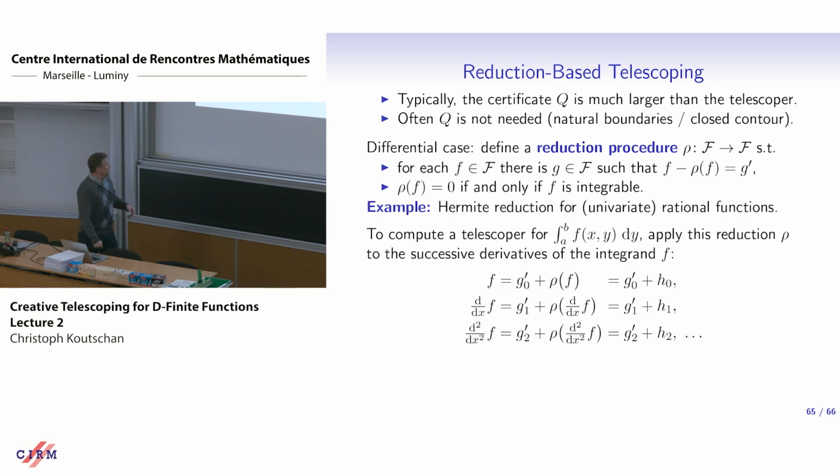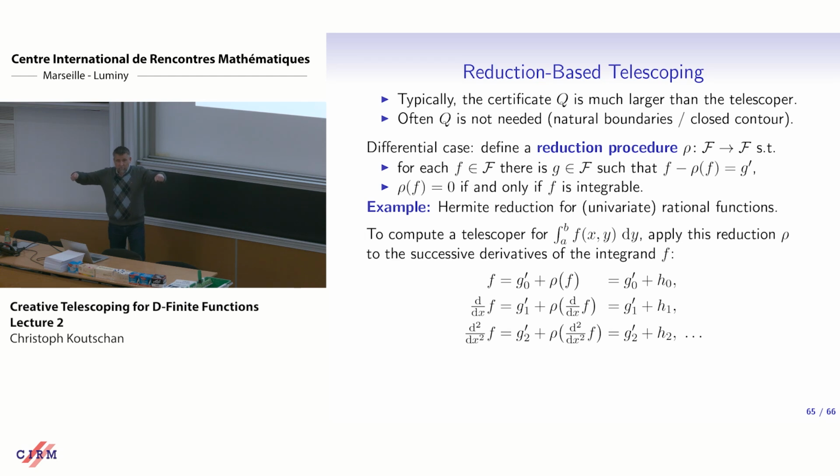And then what you do, you take f and you compute the reduction. So you decompose it as g0 prime plus rho of f. So we get some derivative of something plus a remainder. You do the same thing with the first derivative of f, you get this, and so on.